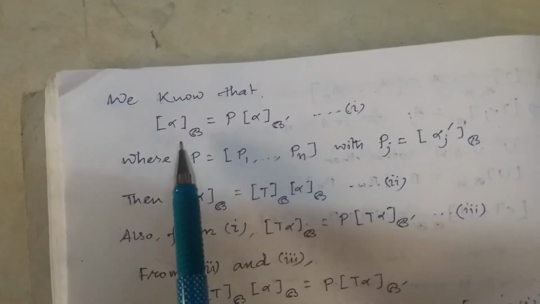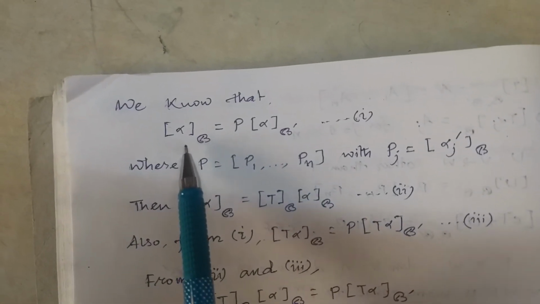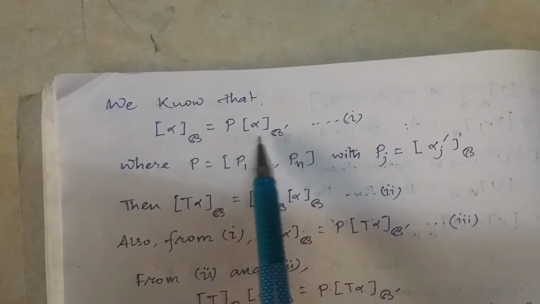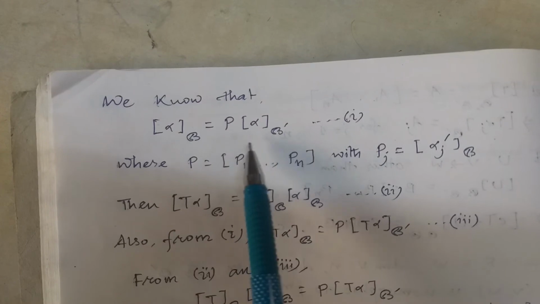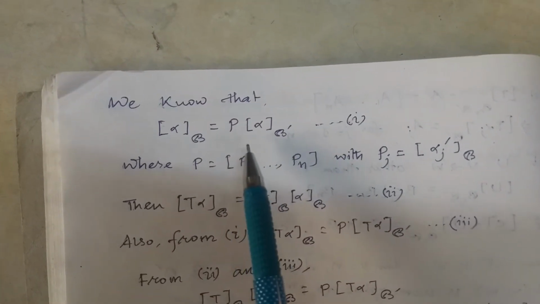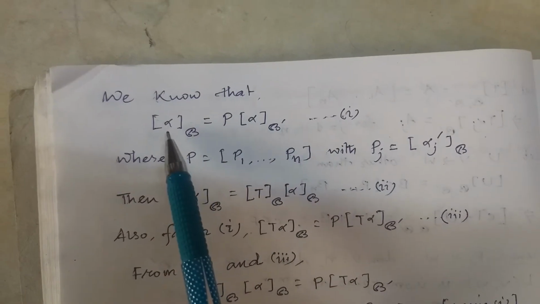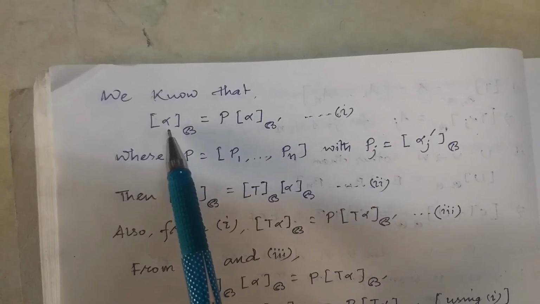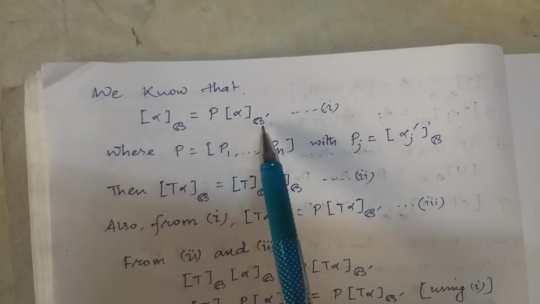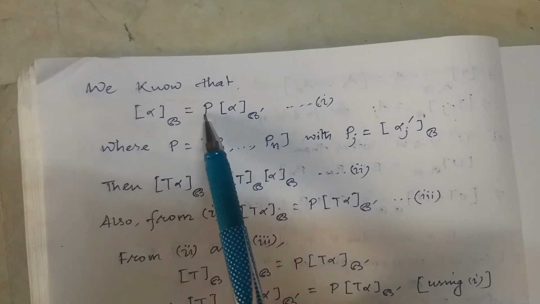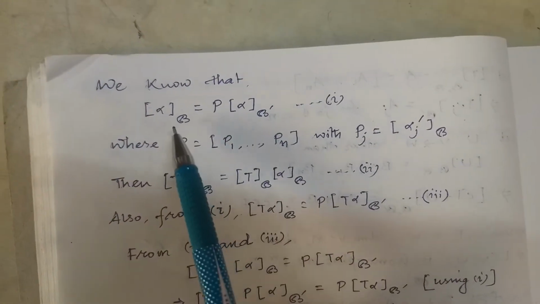We know that the coordinate of alpha with respect to B equals P into the coordinate of alpha with respect to B dash. It has already been done in the first chapter, coordinate transformation. Because alpha is a single element, its coordinate with respect to B and with respect to B dash are related by some matrix P. How to calculate?